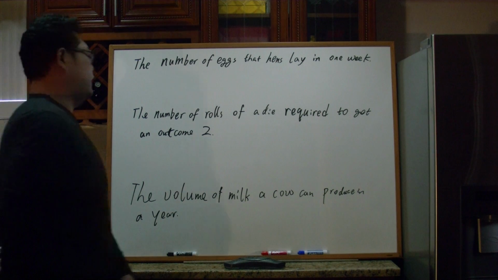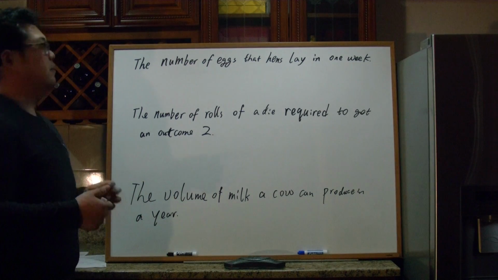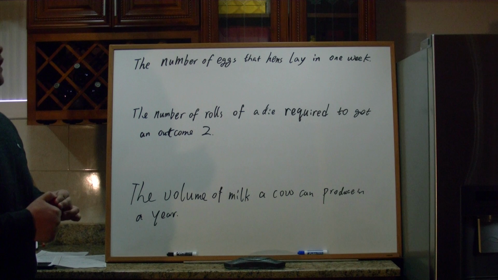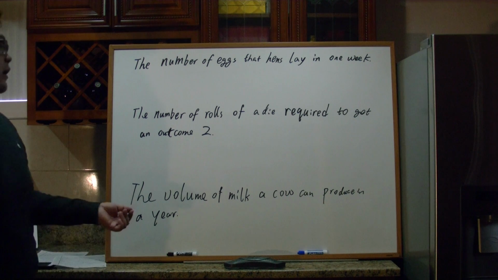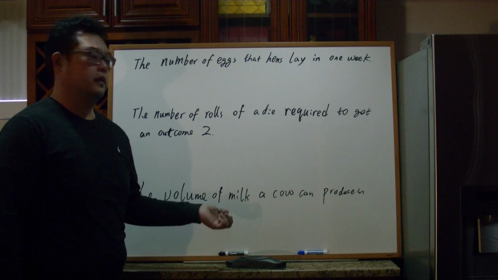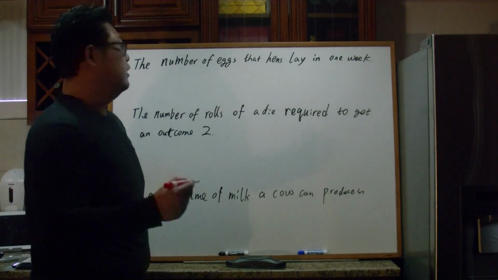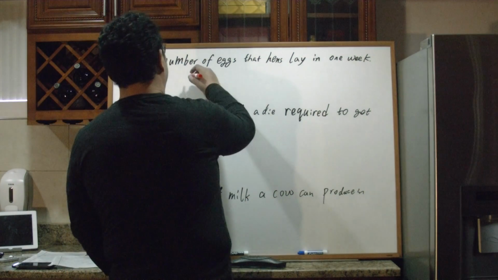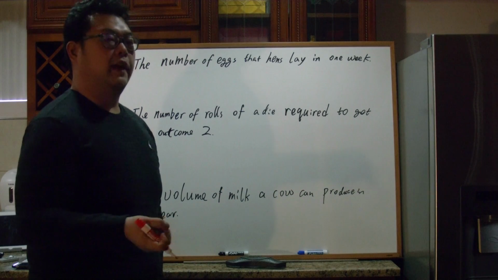The number of eggs, maybe a hen can lay 5 eggs in a week or 7 eggs in a week. The eggs will be laid in front of you, and you are able to count how many they are.